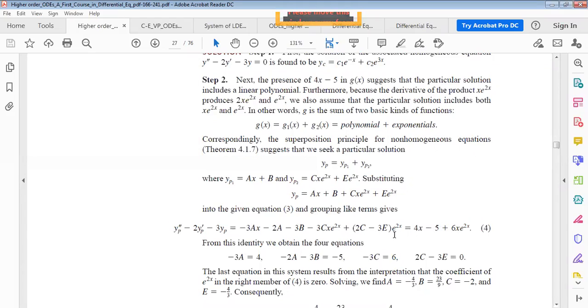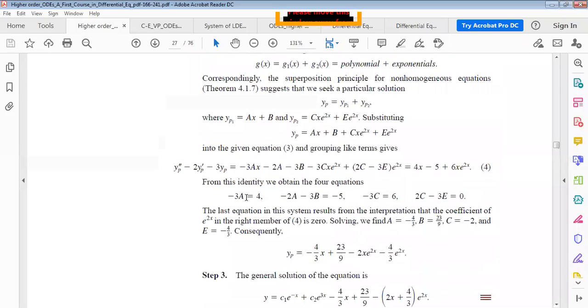Then the e^(2x) term will be this, -3c, and the e^(2x) term on the right is 0, here 6. So e^(2x) is absent here, so 2c - 3e = 0.